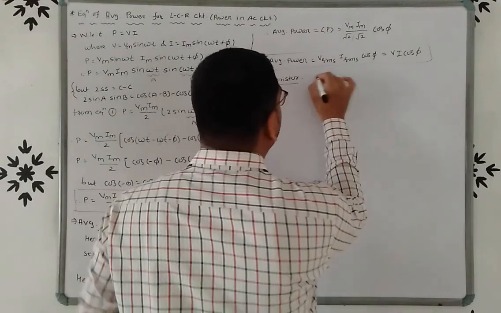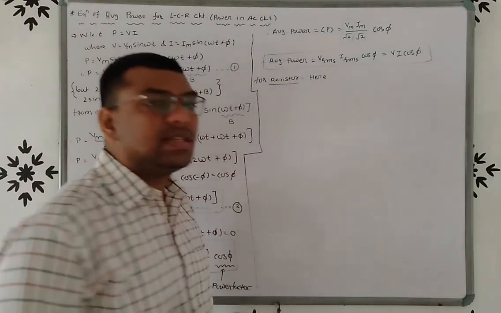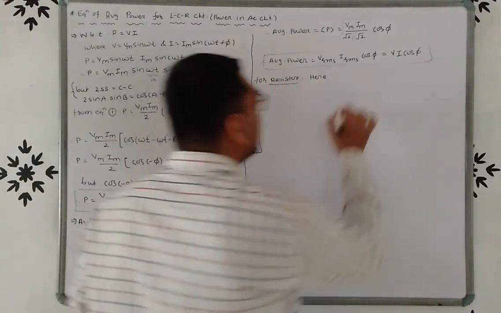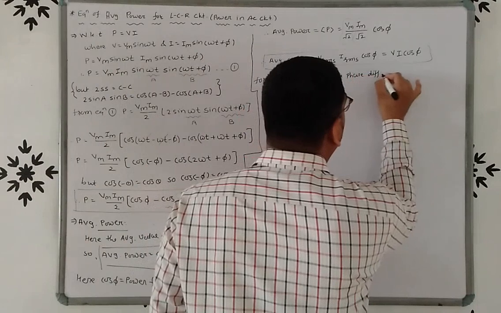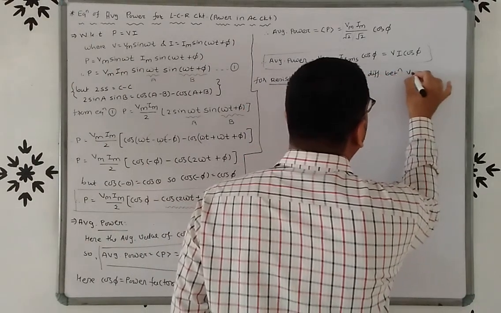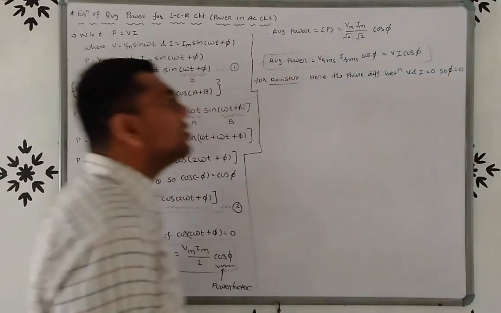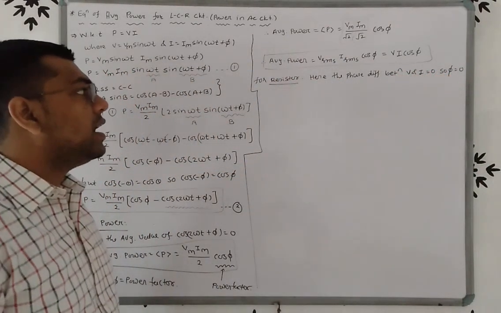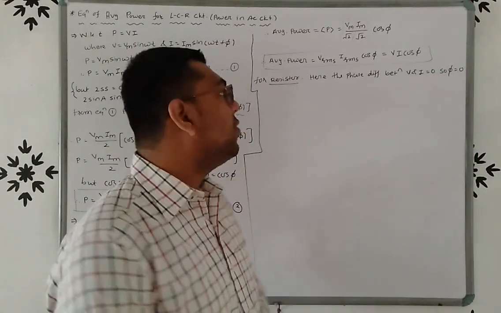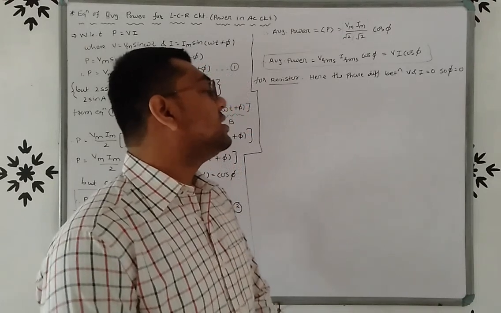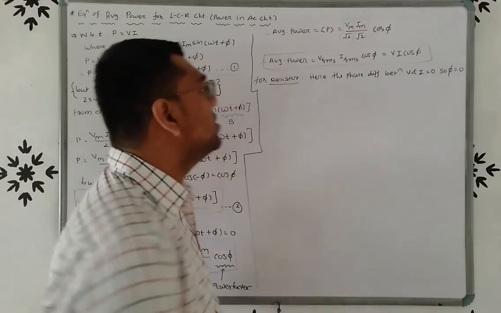So the phase difference between V and I is equal to 0. So the value of phi is equal to 0, because the voltage and current are in the same phase.